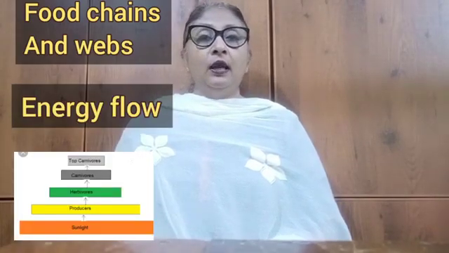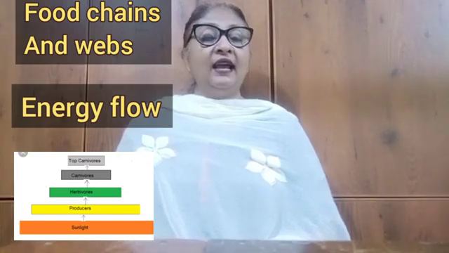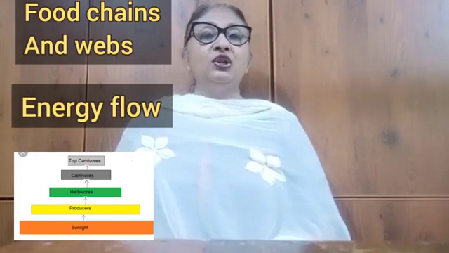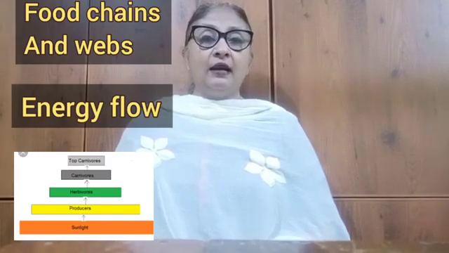Now let us look into the energy flow diagram. Energy is obtained from the sun, or solar energy is taken up by plants. Plants are eaten by herbivores. Herbivores are eaten by carnivores, and carnivores in turn may be eaten by top carnivores. So the energy flow is from the sun to the top carnivores.